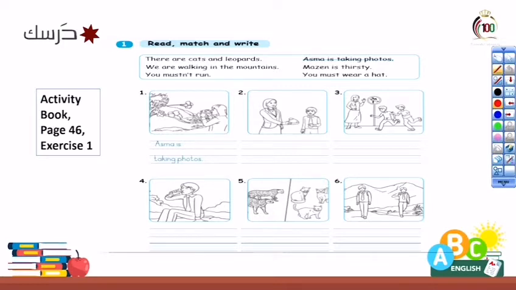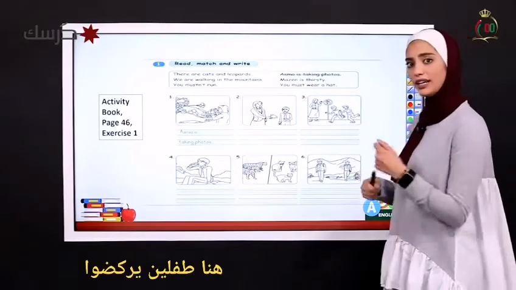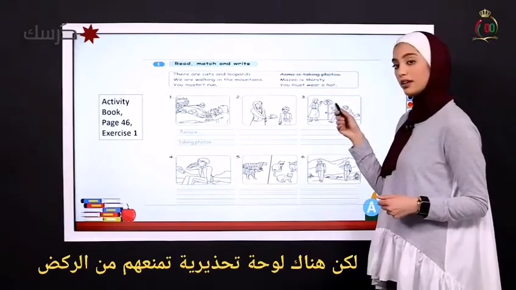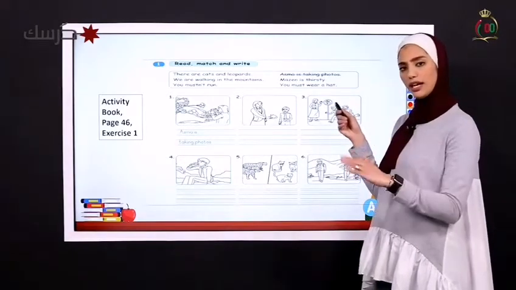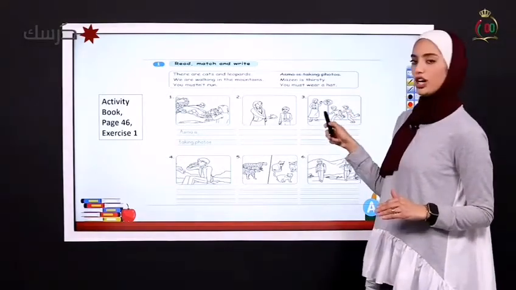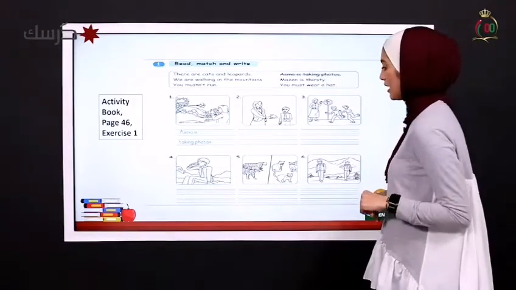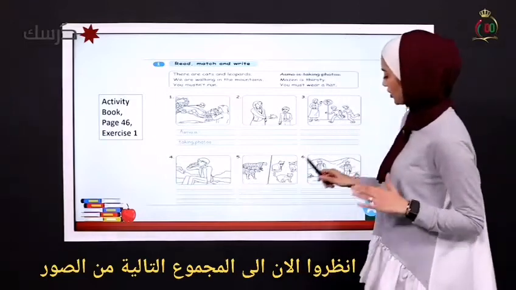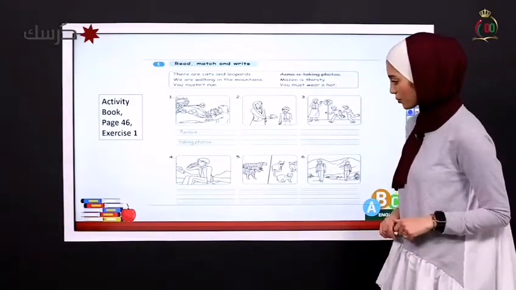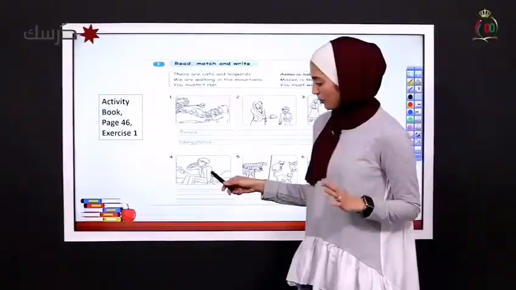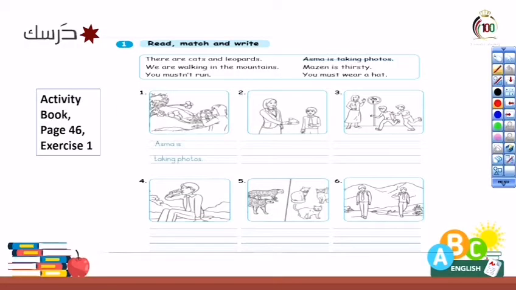Here you can see that there are 2 children running, but there is a sign that tells them to stop running. And also there's a teacher. We will know what she is telling them. Now look at the second 3 pictures. We have a boy and he is drinking water.